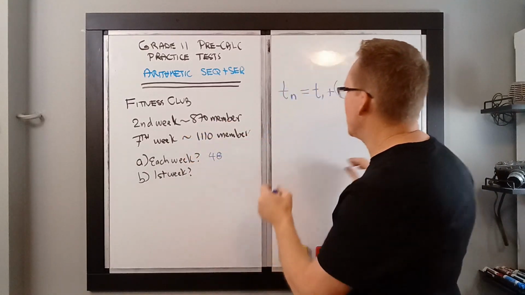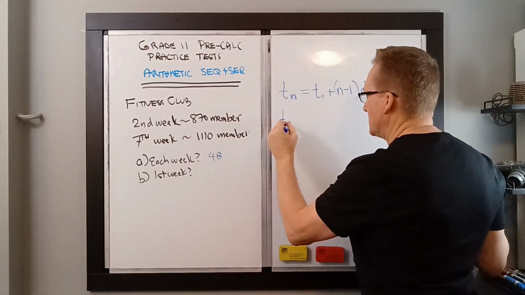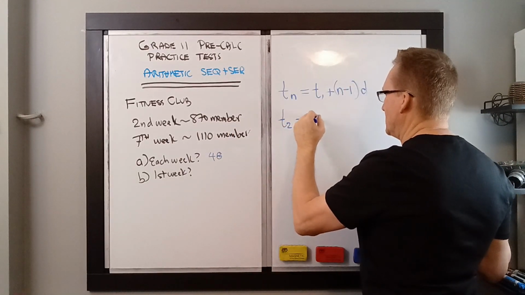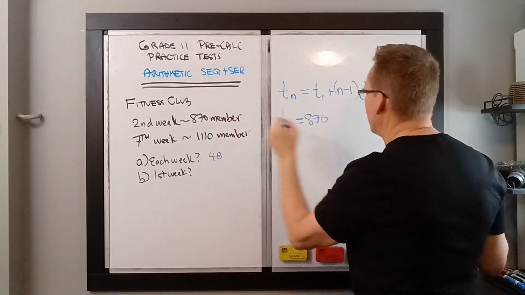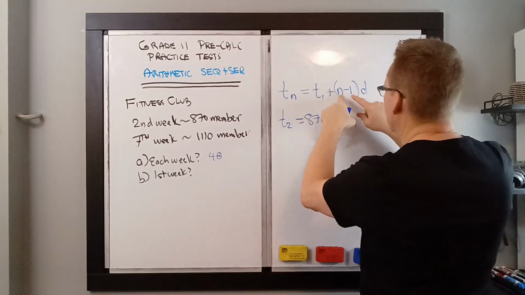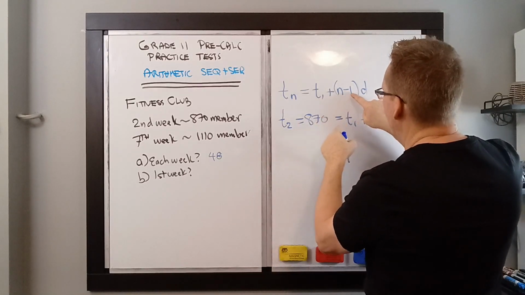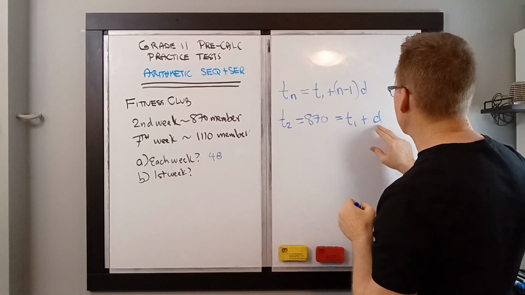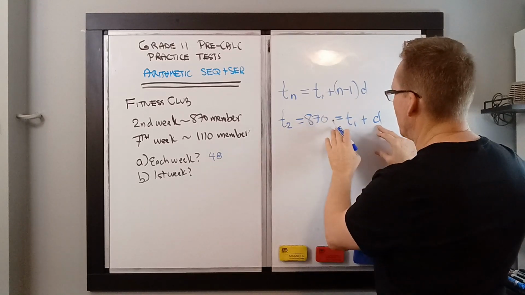We know at the end of the second week, T2 is equal to 870. That's what we're given here. That's equal to T1 plus, this is the second week, so 2 minus 1 is just 1, times D. So T1 plus D. Obviously, that makes sense.